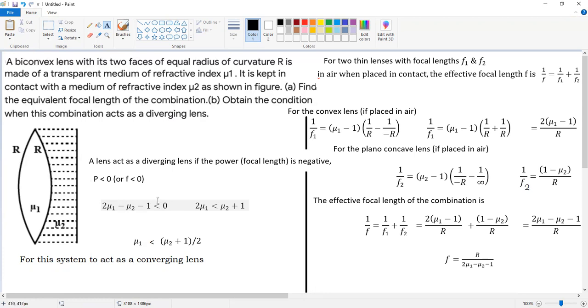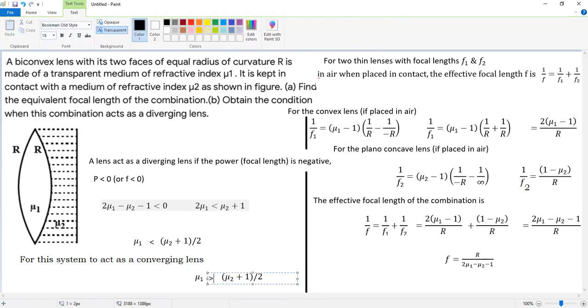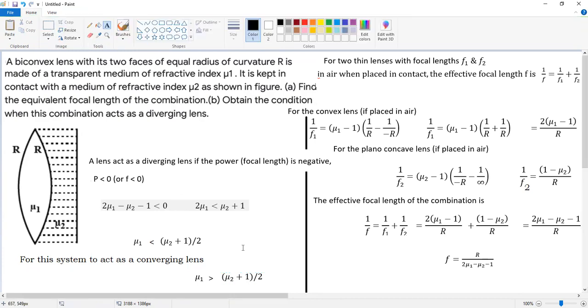The whole process will take place the same way with the reverse sign. So mu1 has to be greater than mu2 plus 1 by 2.